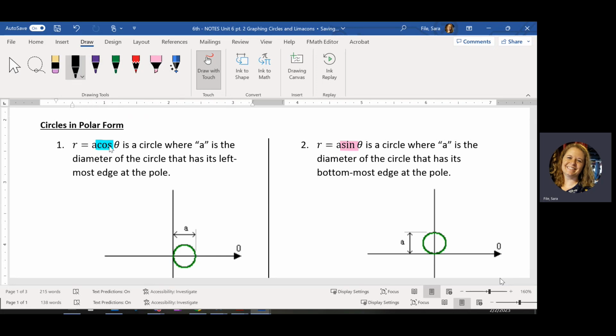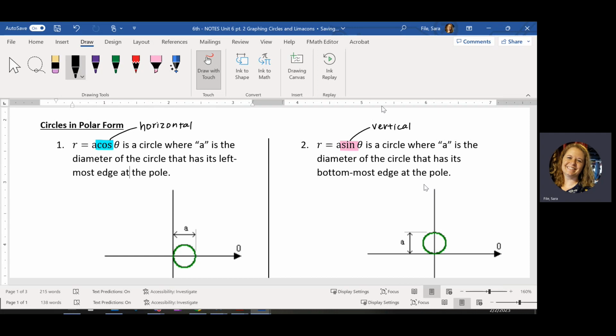If it's a cosine equation, it is drawn along the horizontal axis, what you consider the x-axis in a rectangular coordinate system. And if it is a sine equation, it is drawn along the vertical axis, what you're used to calling the y-axis in your rectangular coordinate system.